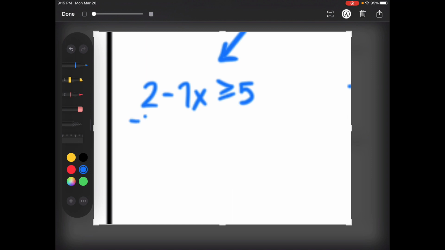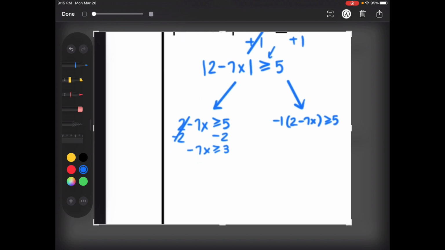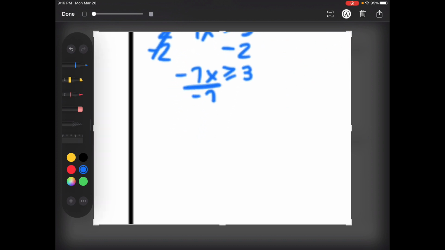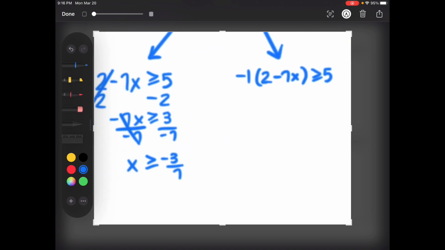So over here, I'm going to start by getting the x by itself. So we end up with -3/7. Remember, if it's a negative on the bottom, you can bring it to the top, same thing. Makes the whole fraction negative.